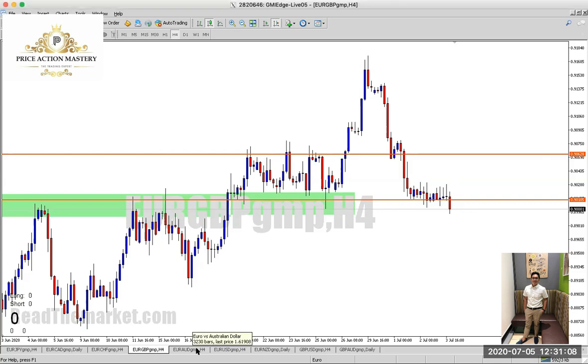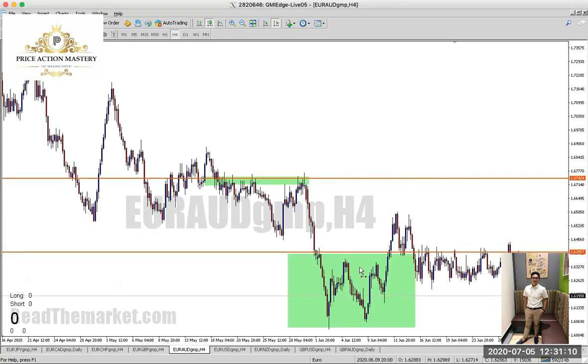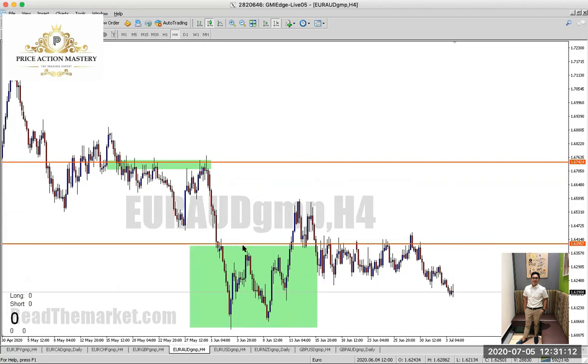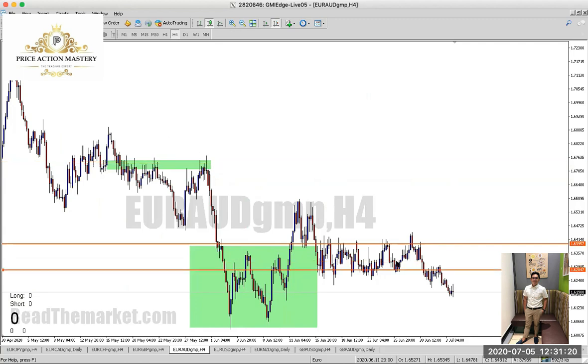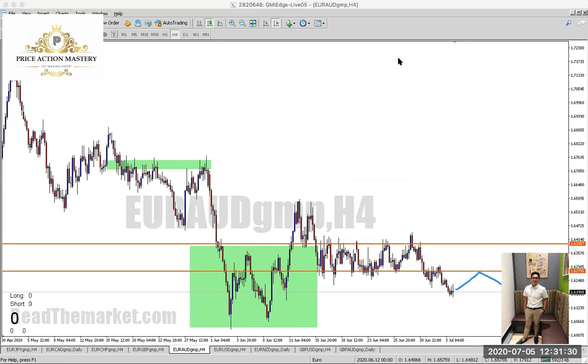Okay, Euro AUD is a very clear downtrend, due to AUD strengthening. So the key level I will be placing is based on this level. Just wait for the market to come back to my key level and take the short trade.